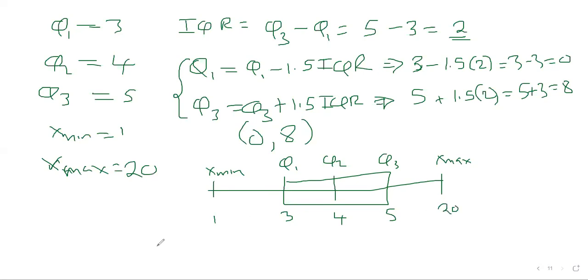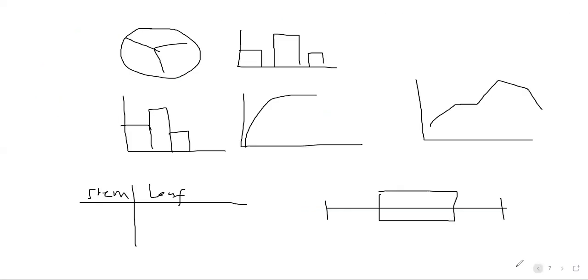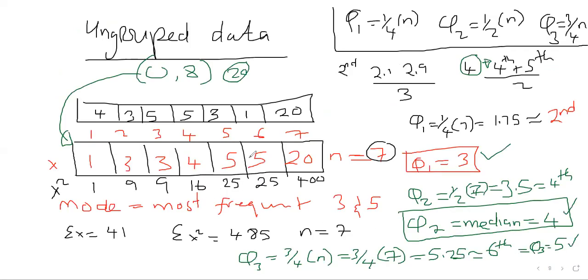This is our initial diagram. But because 20 is outside the range between 0 and 8, what is the highest value here now between 0 and 8? It is 5. So we're going to redraw our box whisker plot as follows.